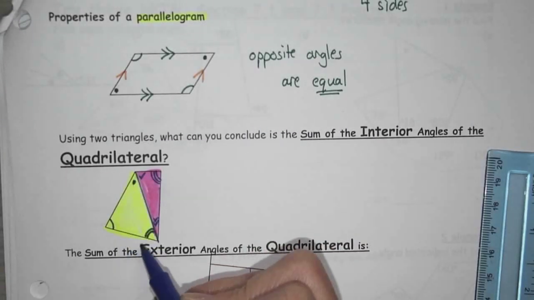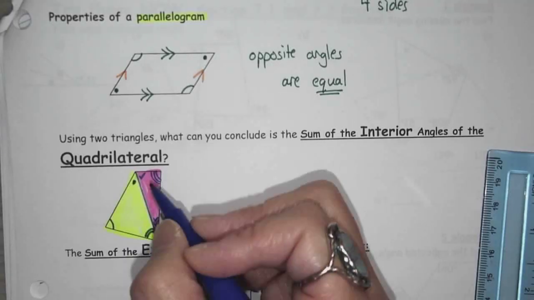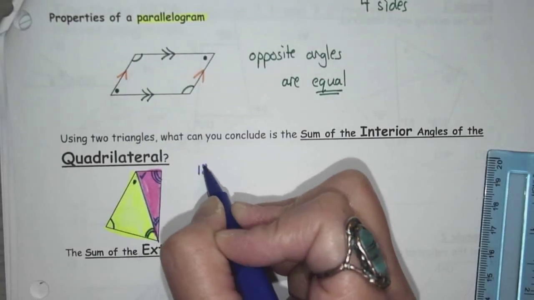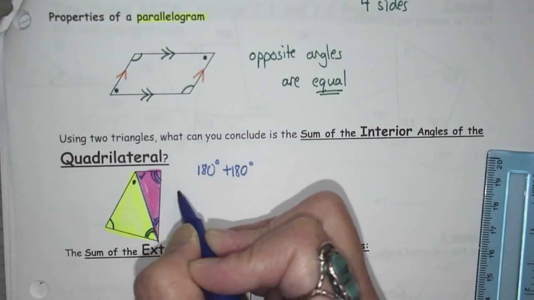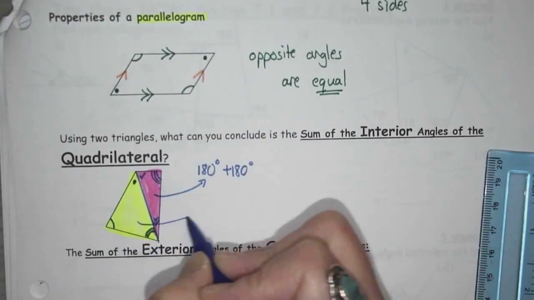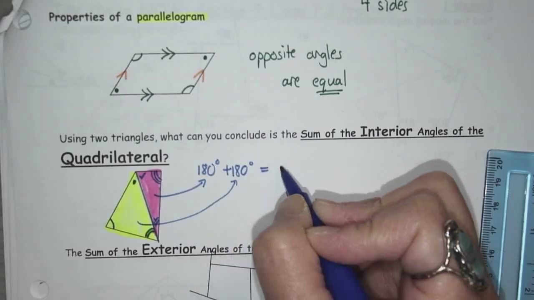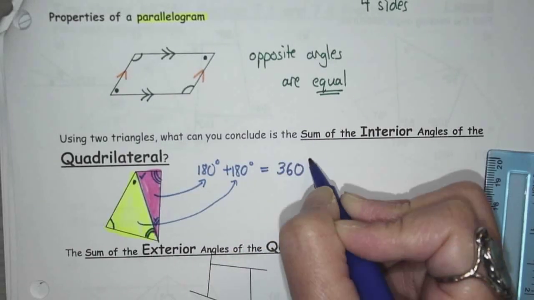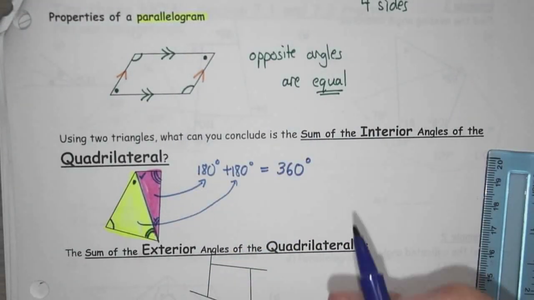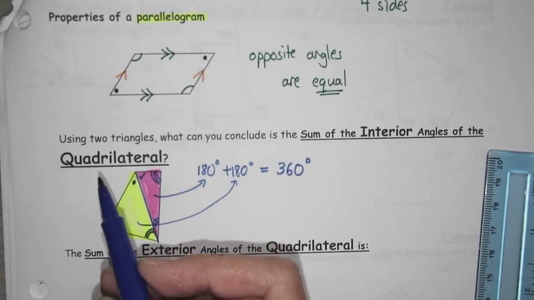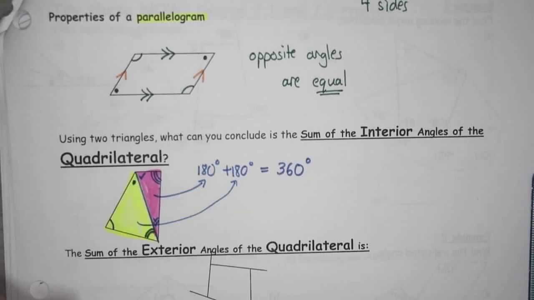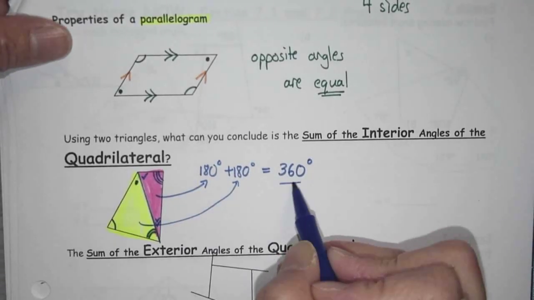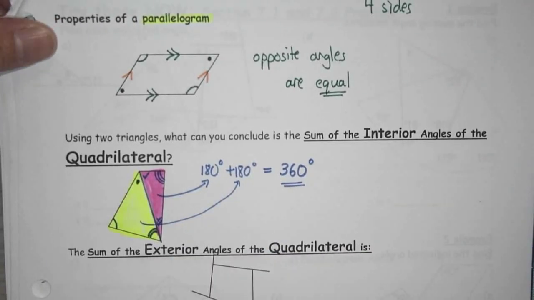So all of these angles are touching together, so that means I have 180 plus another 180. So 180 from the pink one, and 180 from the yellow one. So every quadrilateral will be two triangles, which will be 360. So the sum of the interior angles of a quadrilateral is two triangles, so it's going to add to be 360. This is what you want to memorize, that it adds to 360 for a quadrilateral.